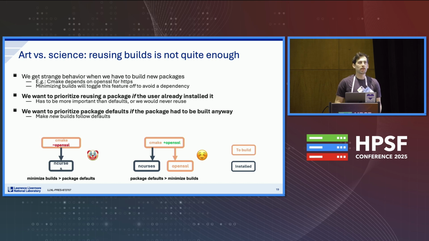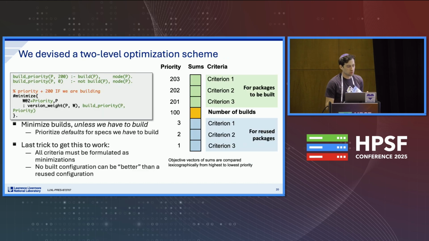So how do we do both of these things at the same time? The answer is we split the criteria. There are duplicates of every criteria for things that are being built and for things that are reused. And we interleave these so that the optimization on the number of builds comes in between them.